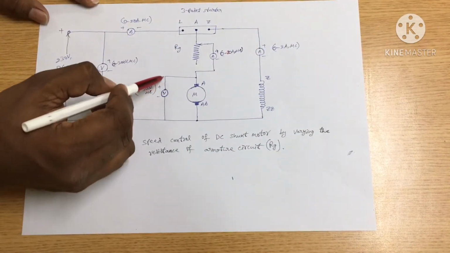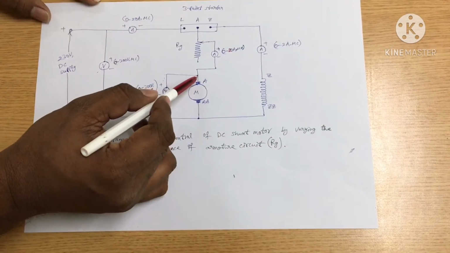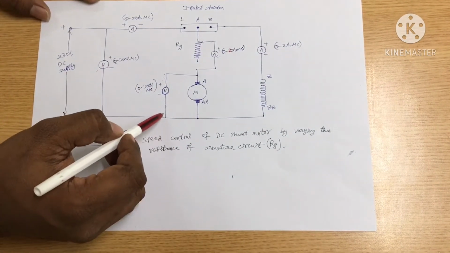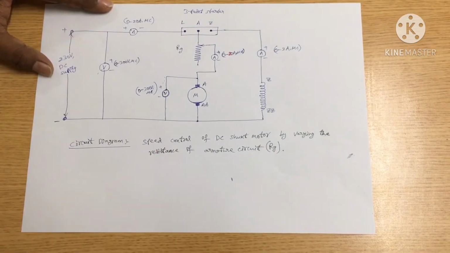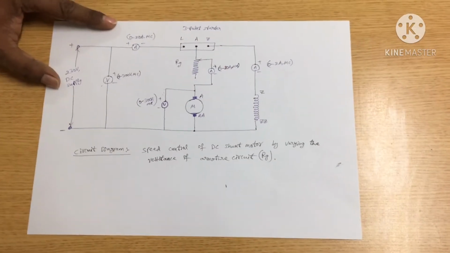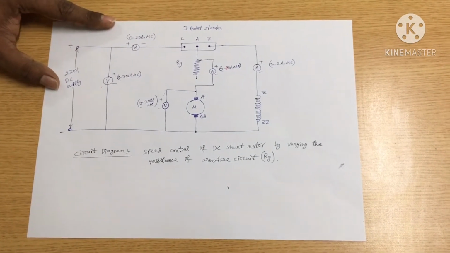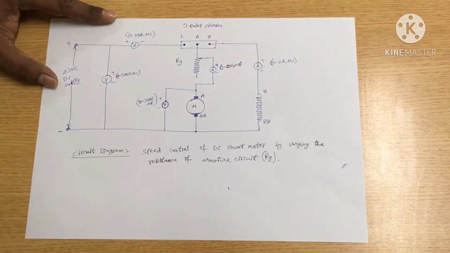This voltmeter is connected across the armature terminals A and AA. By using this voltmeter, we can measure the voltage across the armature winding terminals, that is, back EMF plus IaRa drop.